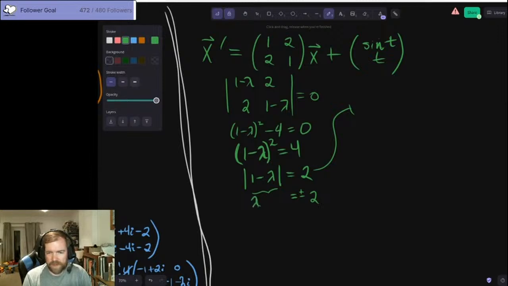We can also make this lambda minus 1 because it's interchangeable at this point. Right, factor out a negative, and we take the absolute value of that negative. So here we get lambda is going to be 1 plus or minus 2. What you said before. So that actually will tell me that these are going to be real solutions, and the sine t will be linearly independent, which is nice.